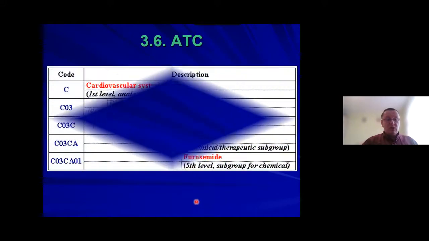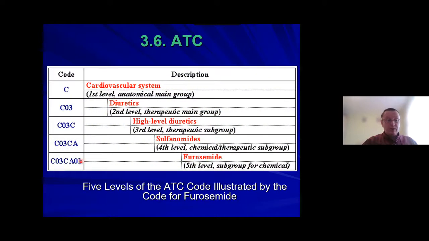The essential idea is that when you check a specific code like this one at the bottom of this chart, you will know what kind of medicine you will take, and you will know the anatomical main group or site where it must work, which therapeutic effects must be provided, and which active substance actually works inside this medicine.